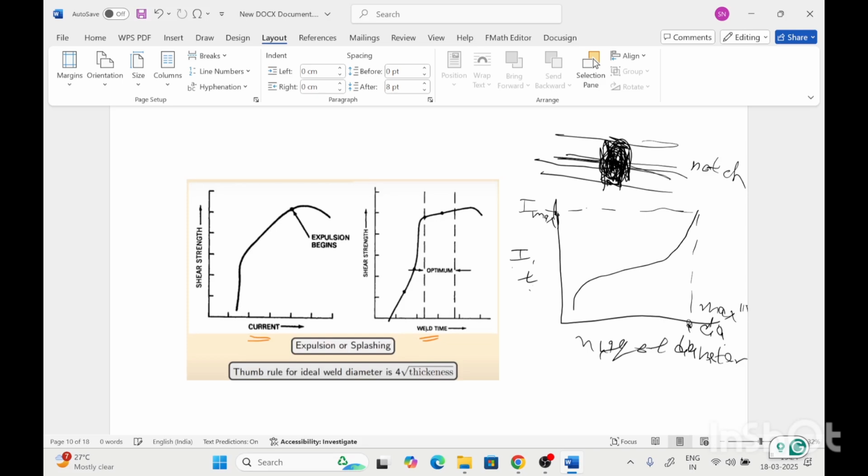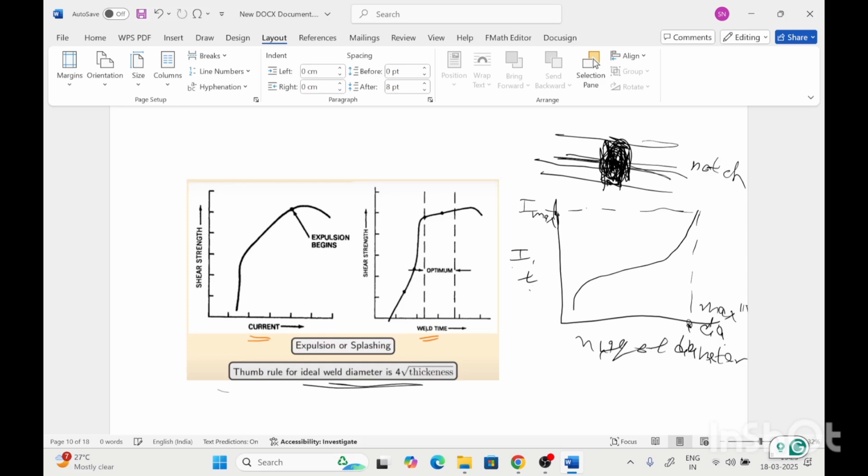After I max, if current is increased, it will further melt the welding joint, leading to expulsion or splashing. The molten metal available at the welding joint is in high amount, so expulsion and splashing of that molten metal will happen if we increase the current above I max.